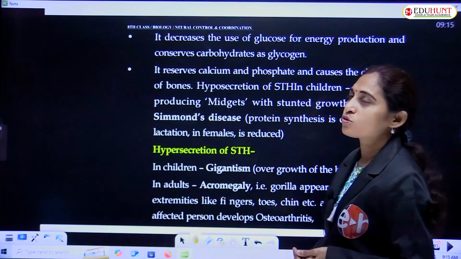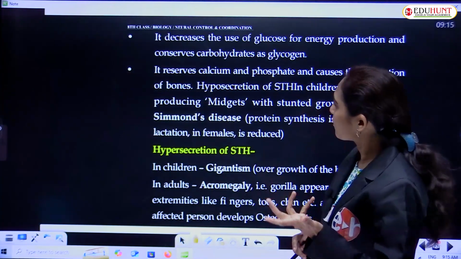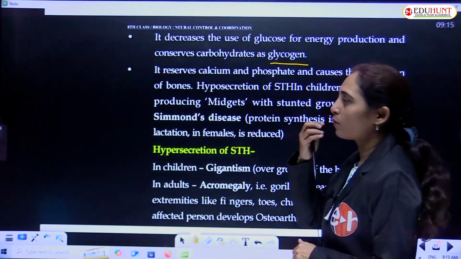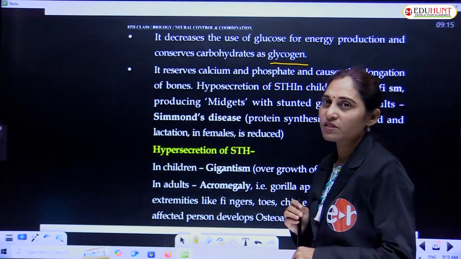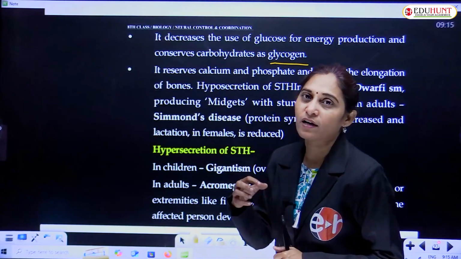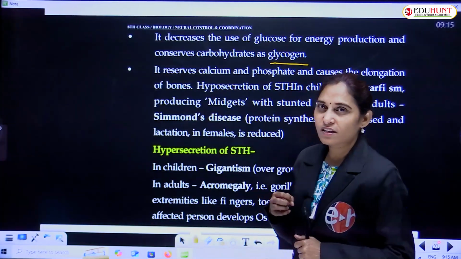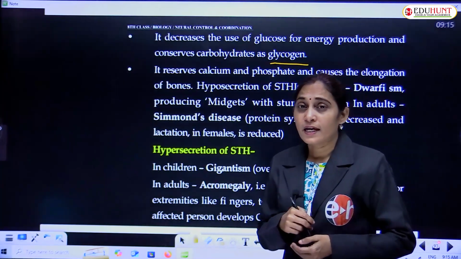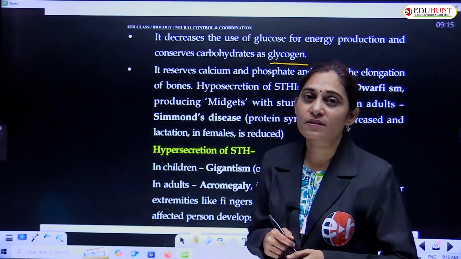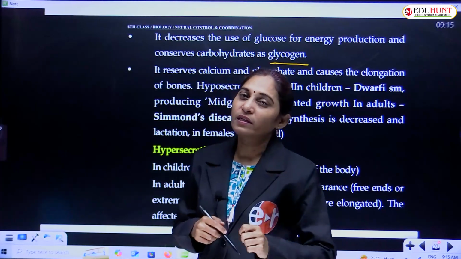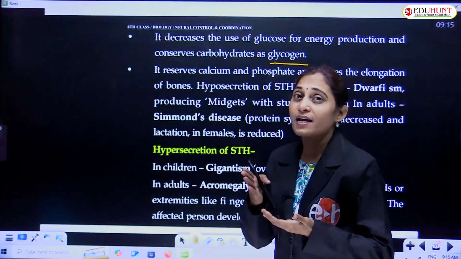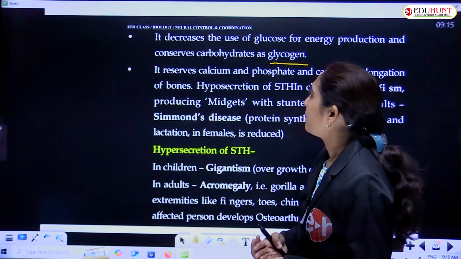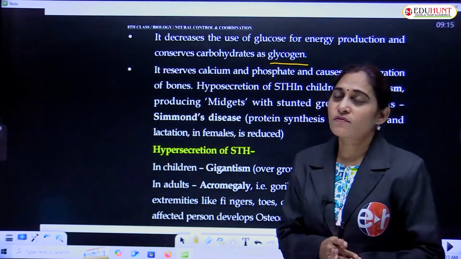It decreases the use of glucose for energy production and conserves carbohydrates as glycogen, because it carries out the breakdown of the body's lipids to release energy.